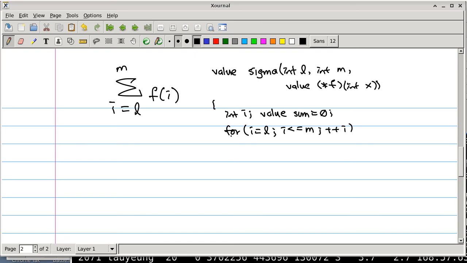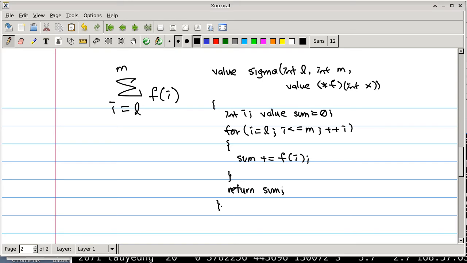And then for each iteration of the for loop, this is what we do. Sum plus equal to f of I. And then when the loop is done, all we do is say return sum, and that's it. All right.